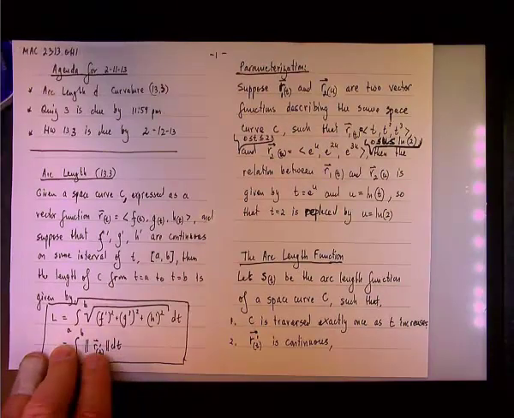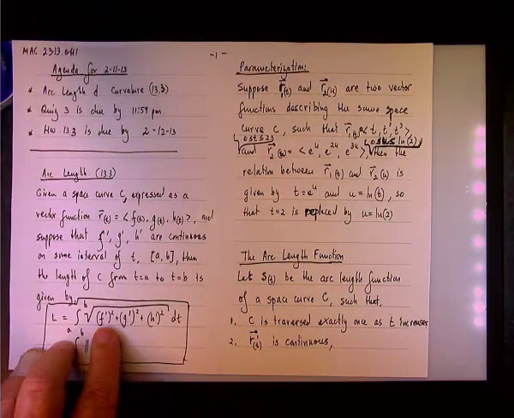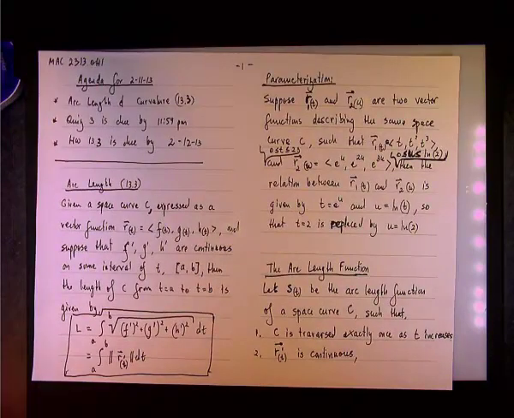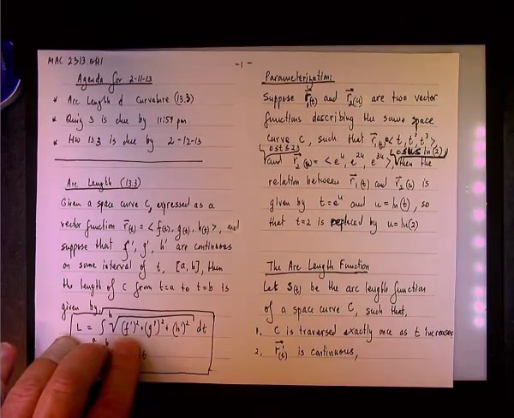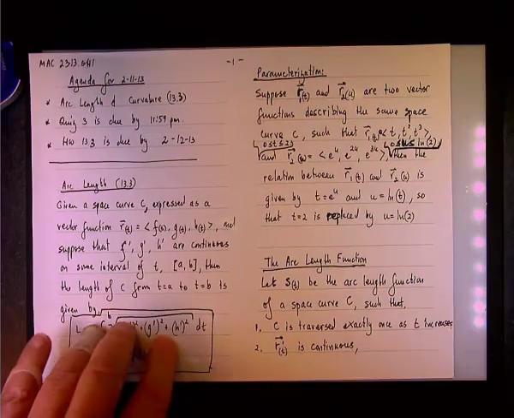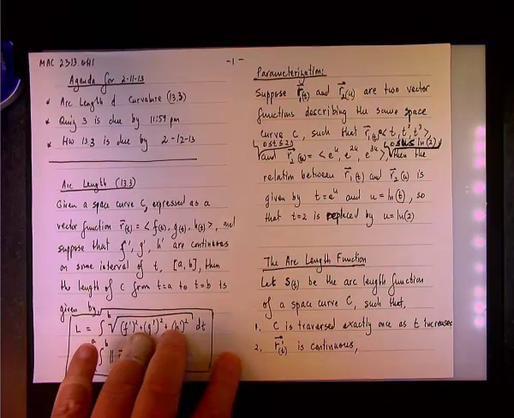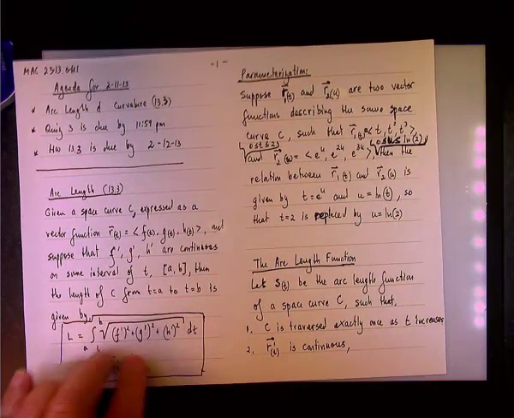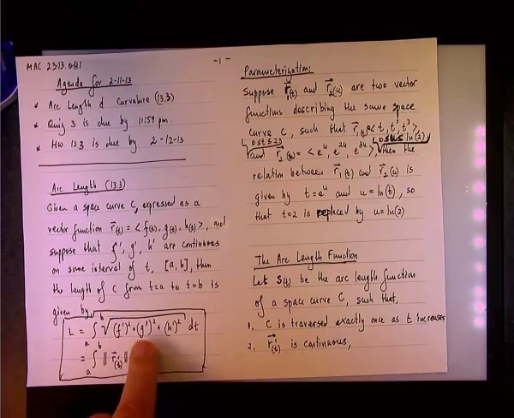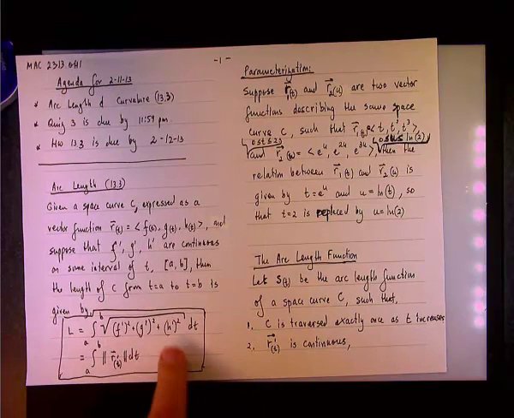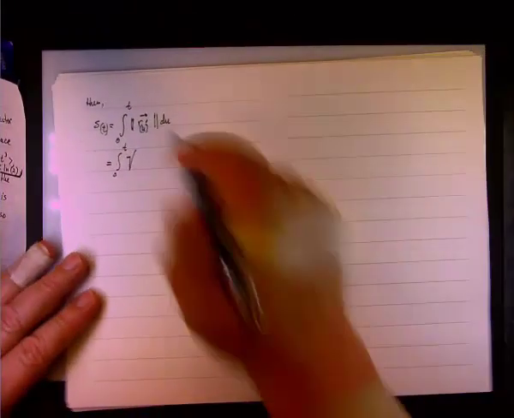Another form for the magnitude of r prime, because we have a parametric expression, is this: x equals f of t, y equals g of t, and z equals h of t, and if you take the derivative, then f prime becomes dx/dt, g prime becomes dy/dt, and h prime becomes dz/dt. Okay, and we've seen it before.